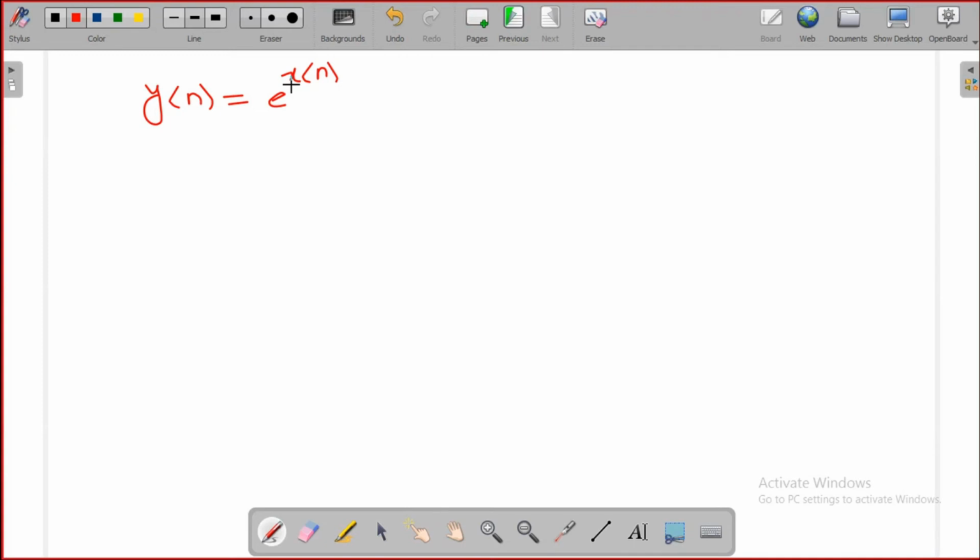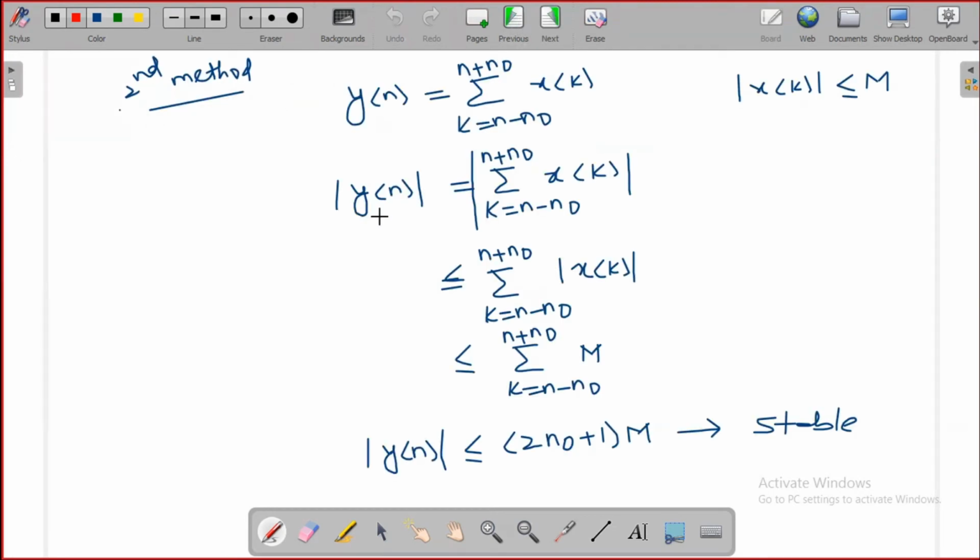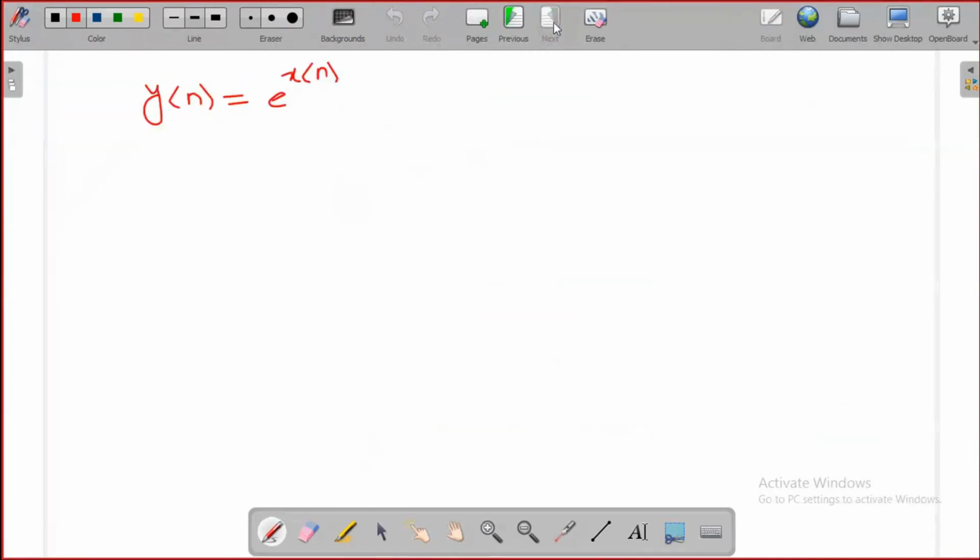Like the previous problem, find the magnitude of the response, mod y of n, which is equal to mod of e power x of n.